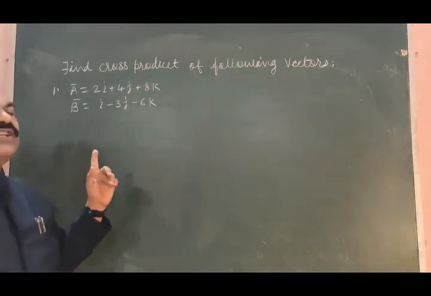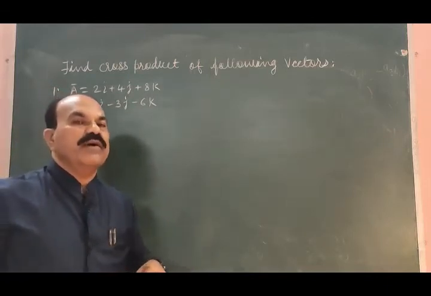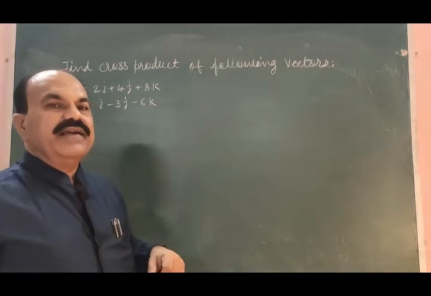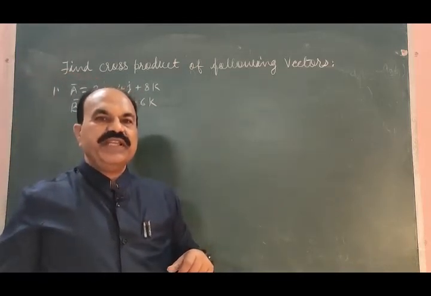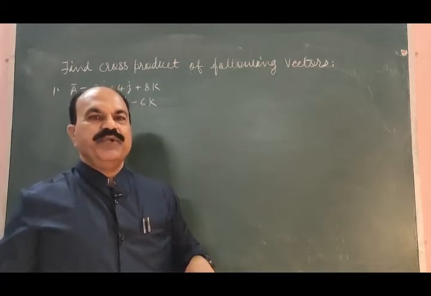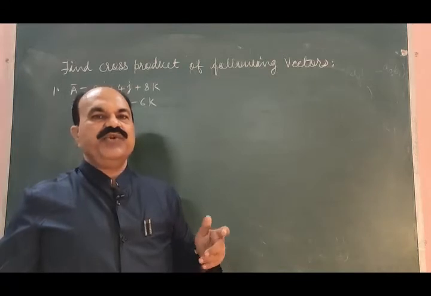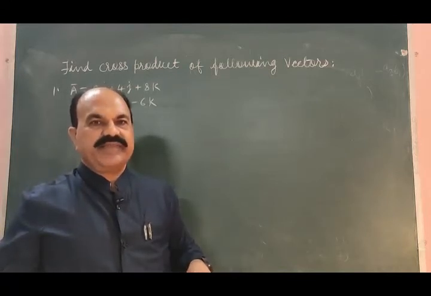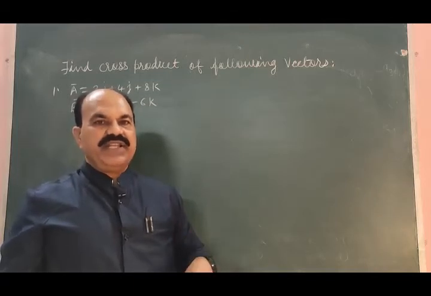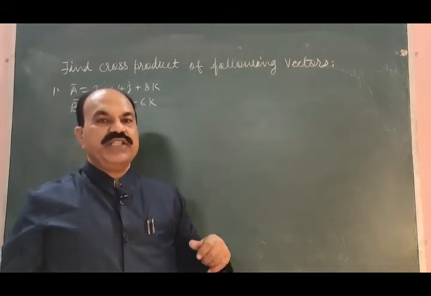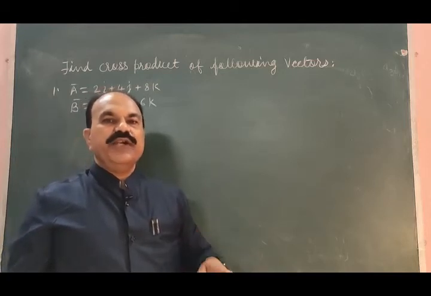Either you write this in determinant form or you should remember the formula: A2 B3 minus A3 B2 into i plus j into, in the bracket, A3 B1 minus A1 B3 plus k into, in the bracket, A1 B2 minus A2 B1.